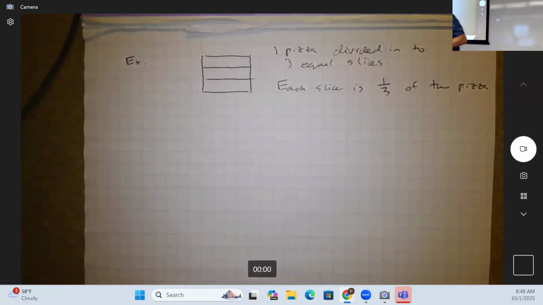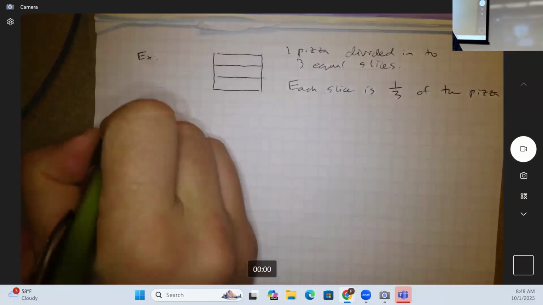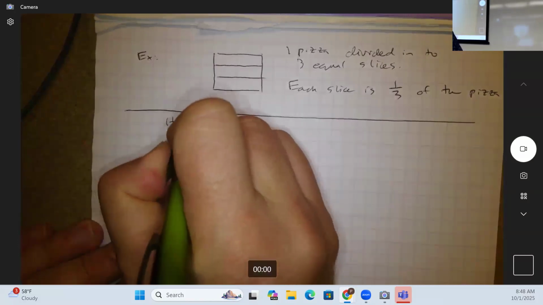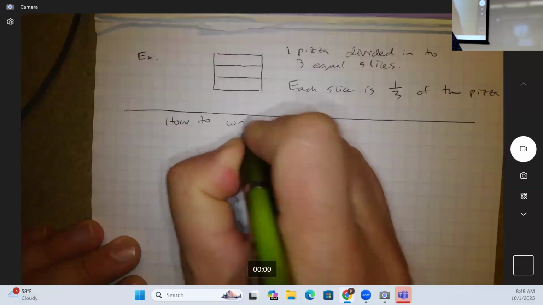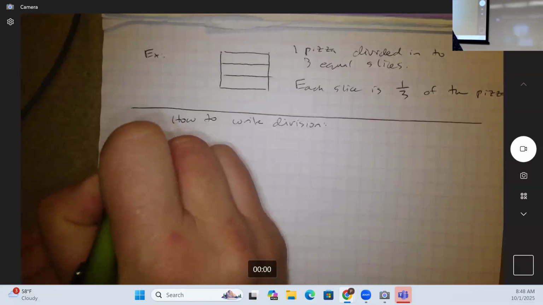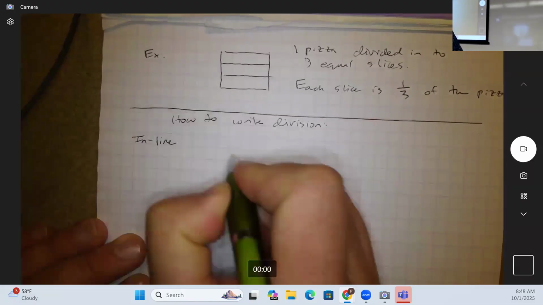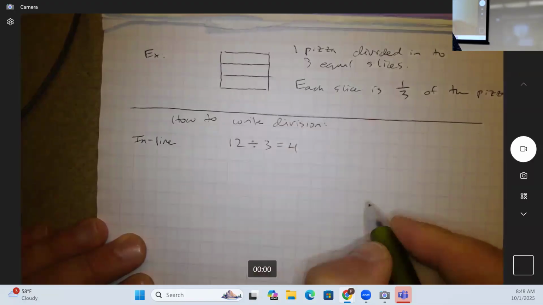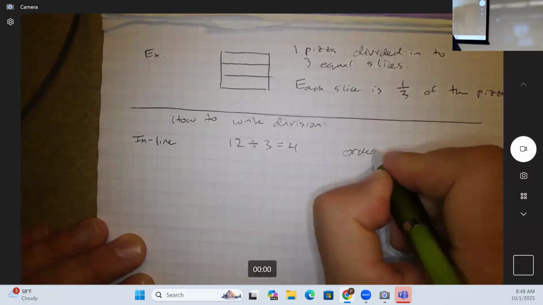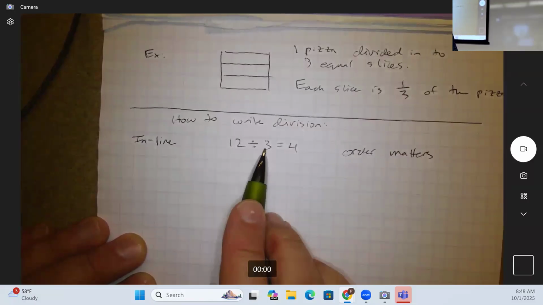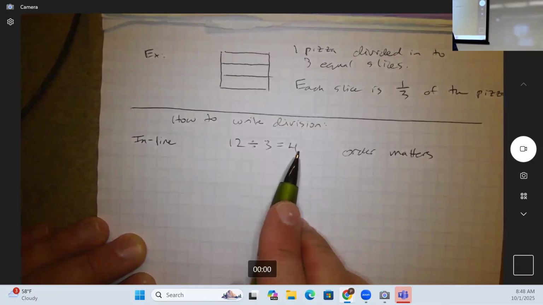There are a couple other ways to write division. So let me go back and say how to write division. We have the inline method, 12 divided by 3 equals 4. Order matters definitely here. 12 divided by 3 equals 4, that's true.